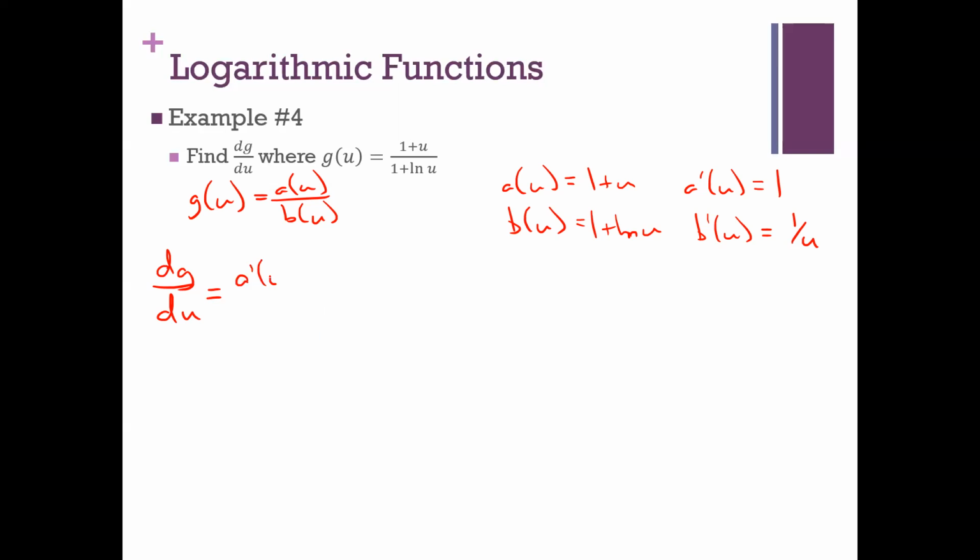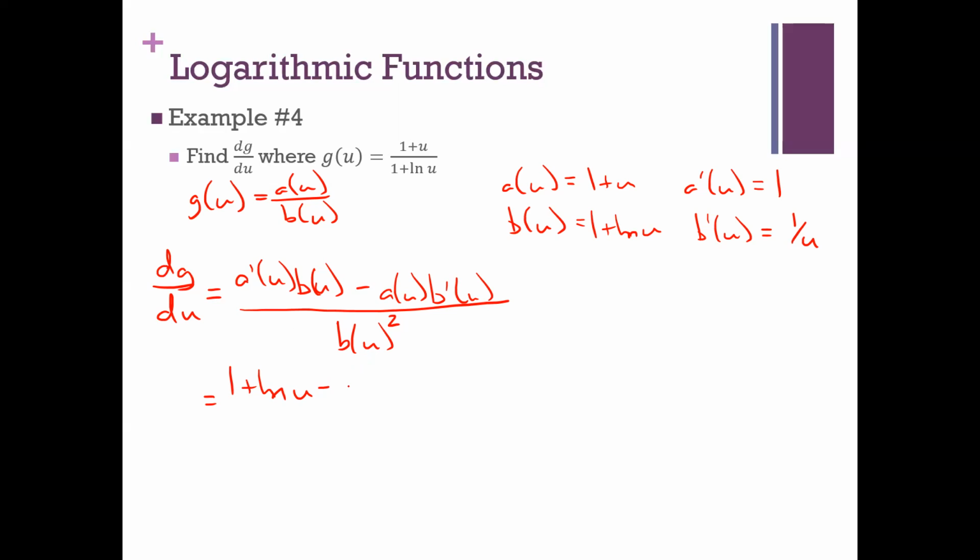Yep, so I'll be specific about this just in case we're getting lost on the order. So a prime of u times b of u minus a of u times b prime of u, all over b of u squared. So a prime of u we said is 1. So the first term is going to be 1 plus natural log of u. Is the second term 2? Second term should be, yes, u over u plus, no, sorry, 1 over u plus 1, right?